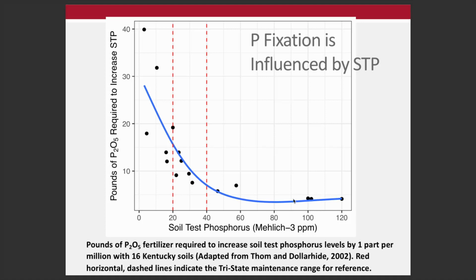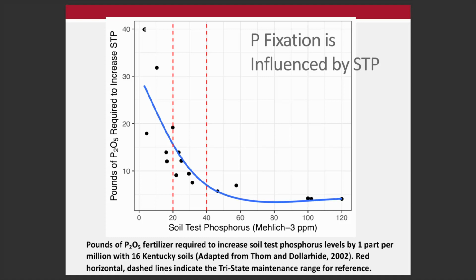So here it's less than 5 pounds to raise it 1 part per million. But when our soil test phosphorus levels drop down and get really, really low, that's when it takes a crazy amount. Say, it takes 40 pounds of fertilizer just to increase your soil test P 1 part per million with this soil up here. So as soil test levels drop, as our phosphorus availability drops, P fixation rates increase non-linearly, right?